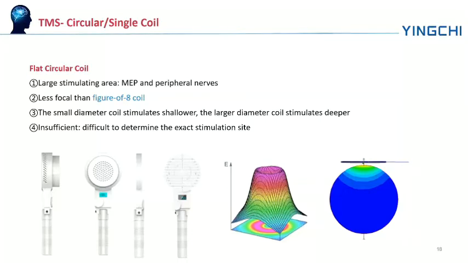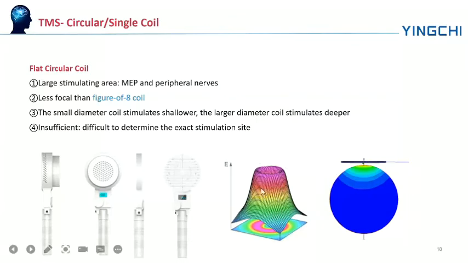Coils are definitely important parts of a TMS machine, and I have roughly divided the most frequently used coils into two kinds. First is the single coil. The flat circular coil is used a lot in clinical diagnosis, and it has a large stimulating area, as you can see here.